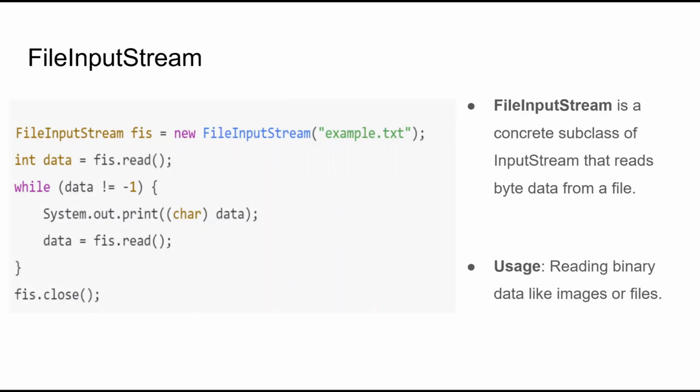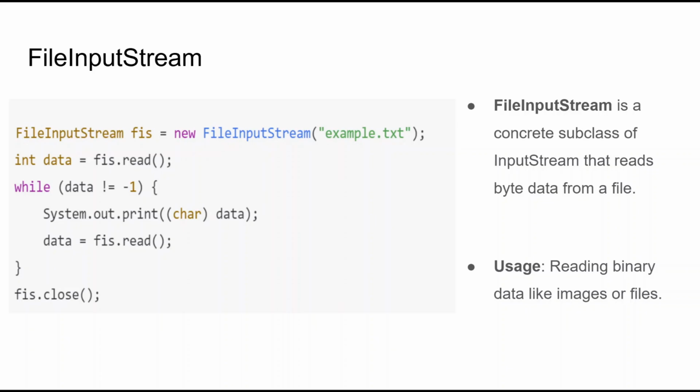So file input stream, we know it's a subclass of the abstract class InputStream, which belongs to the byte stream of data. Means here we are handling data from the file. So with new FileInputStream, I'm passing a file which is of type text here, but it can be anything. It can be an image also, it can be a video also.